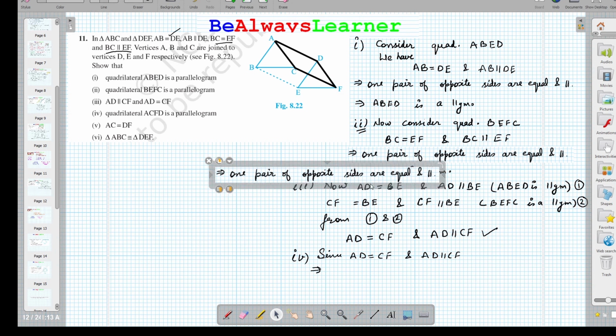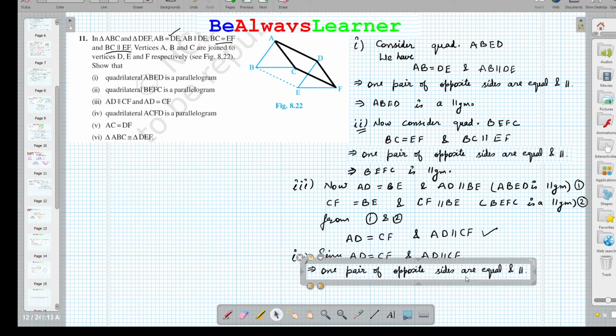So we can directly write that ACFD is a parallelogram.